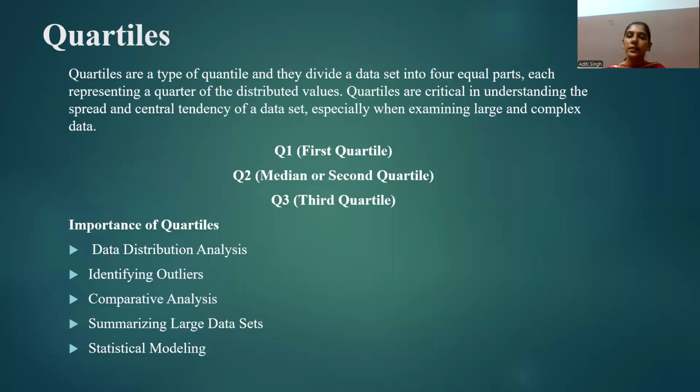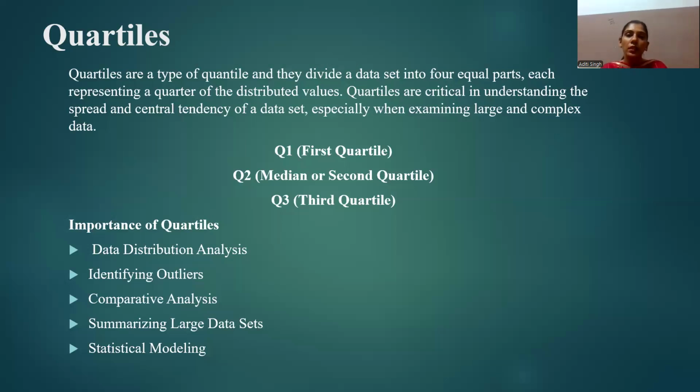First, let's understand the concept of quartiles in detail. There are several ways to divide an observation when required. When we divide it into two equal parts, that is median.